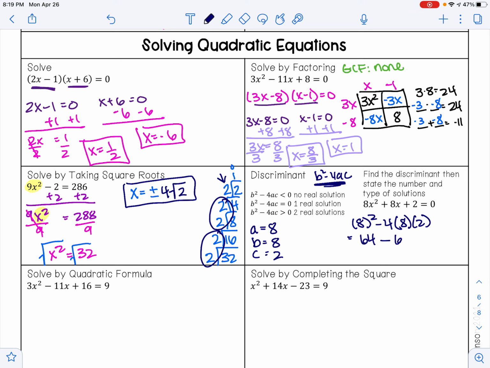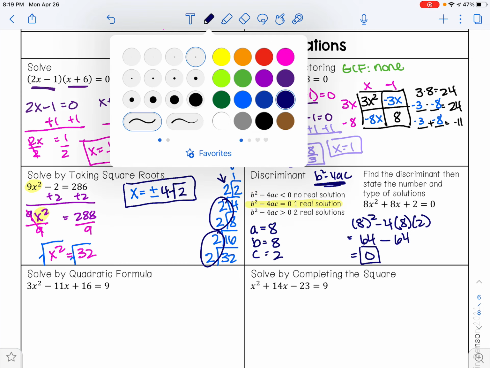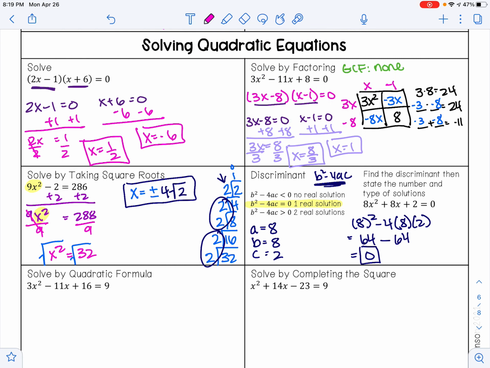Times 2 is negative 64. 64 minus 64 is 0. So the discriminant is 0. So that means that we will have one real solution. So if we were to solve this quadratic equation, we would get one real solution.